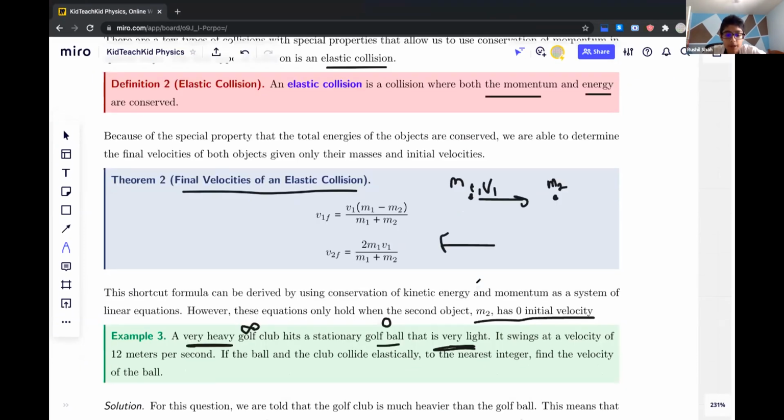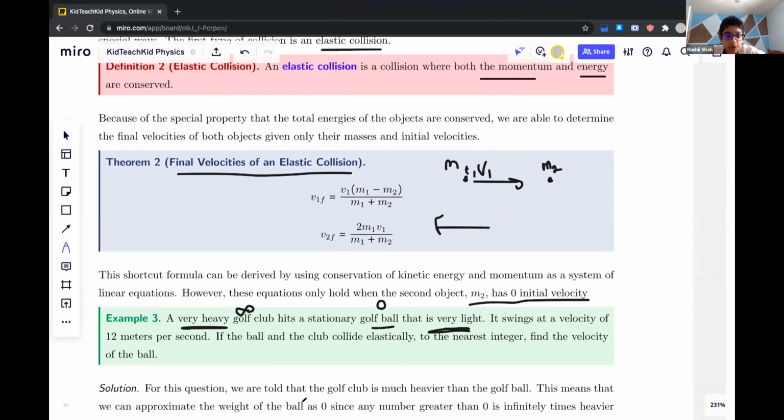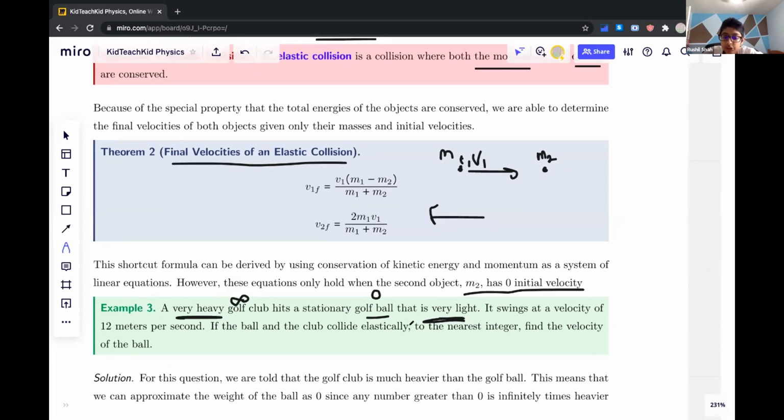Okay, so let's try this problem. We have a very heavy golf club that hits a stationary golf ball that's very light. Since we are told that the golf club is way heavier than the golf ball, we can approximate it so that the golf ball has a mass of zero, because any number is infinitely times heavier than zero.